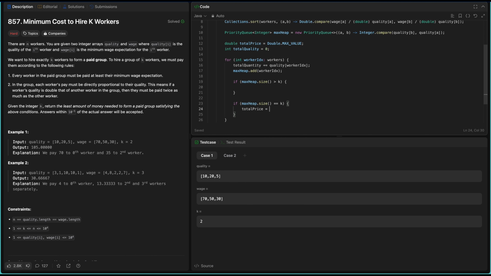So it will be math.min of whatever total price we had so far. And now we recalculate it, right? So it will be total quantity into the current price, right? Because our quality would have gone up.